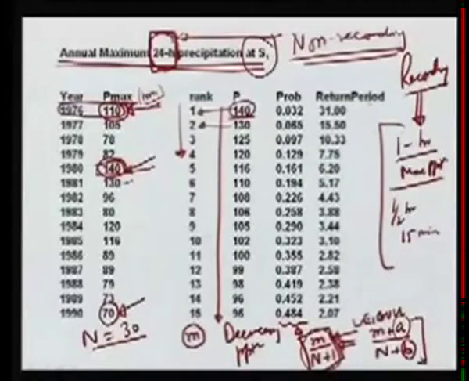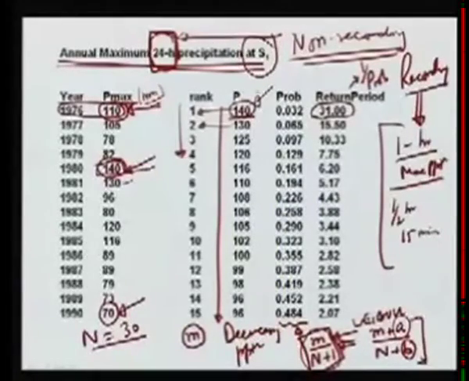Return period is nothing but 1 over probability, which represents on an average how much time there will be between occurrences of two events of this magnitude. So, on an average this event will occur once every 31 years.